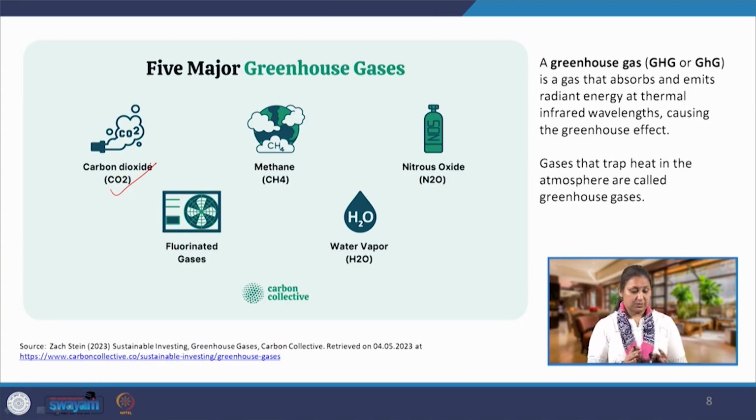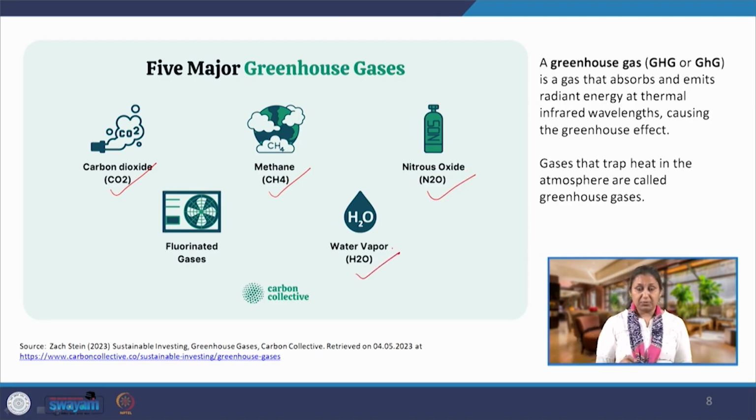All of us know that. And then we have methane, which is CH4. That is also a single gas, but next to carbon dioxide, it is the second most significant contributor to the greenhouse effect. Then we have nitrous oxides. So, we have different NOx.